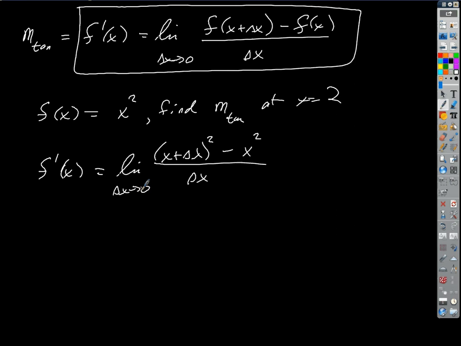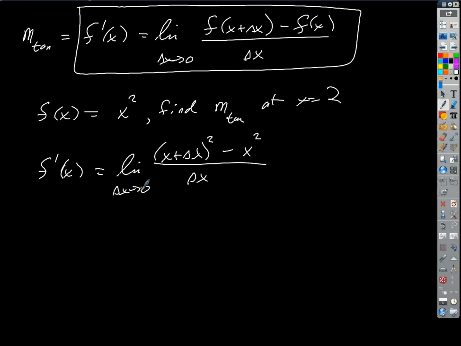Okay. Well, that looks pretty familiar, doesn't it? If I try to evaluate that directly, what do I get? So yeah, on the top, that term would go away. I'd get x squared minus x squared. 0 over 0. 0 over 0, more work, right?